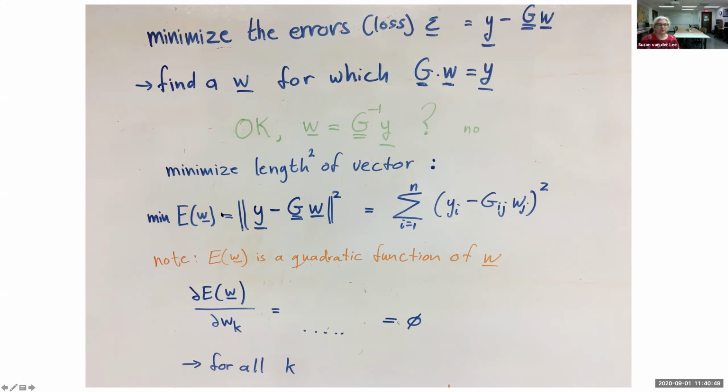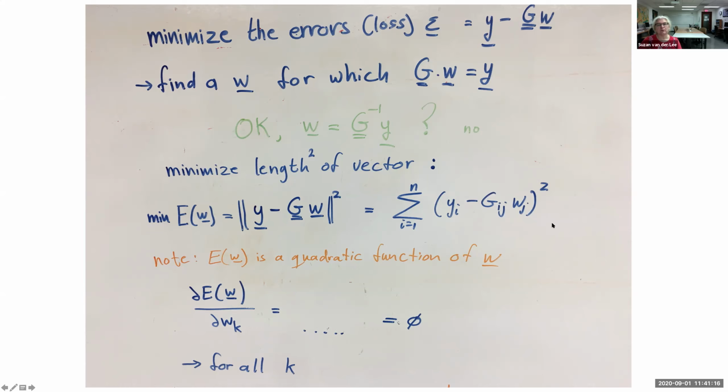We call that quantity uppercase E of W, and we want to minimize this. But now remember that Y was a linear function of W, therefore E, which is a function of the square of the length of that difference vector, is now a quadratic function of W. Right, and this is what that looks like. So there's a lot of terms in this function.